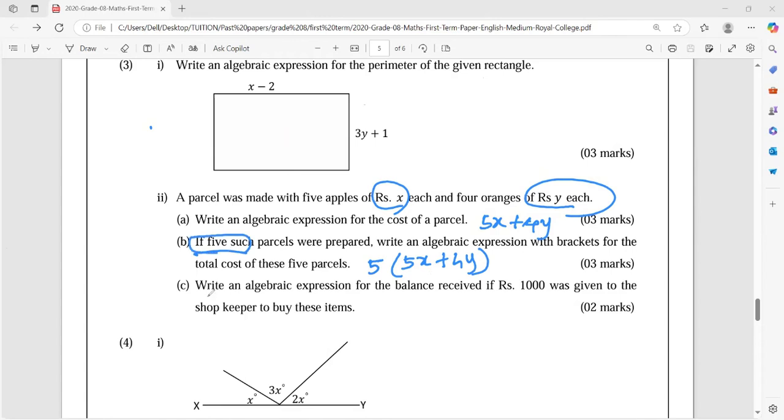Now C, write an algebraic expression for the balance received if 1,000 rupees was given to the shopkeeper to buy these items. It has to be something like this. So the balance is 1,000 minus this cost, 5 into 5x plus 4y. So this is the balance.